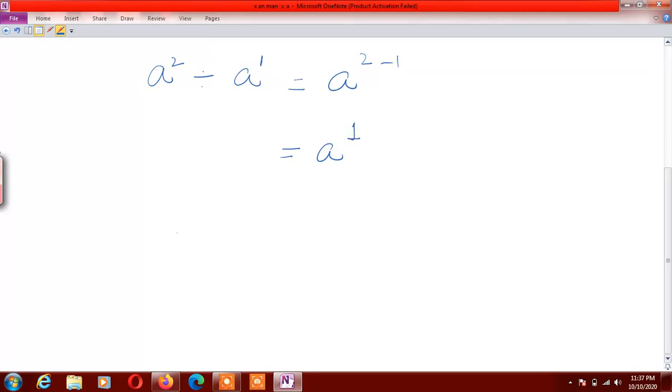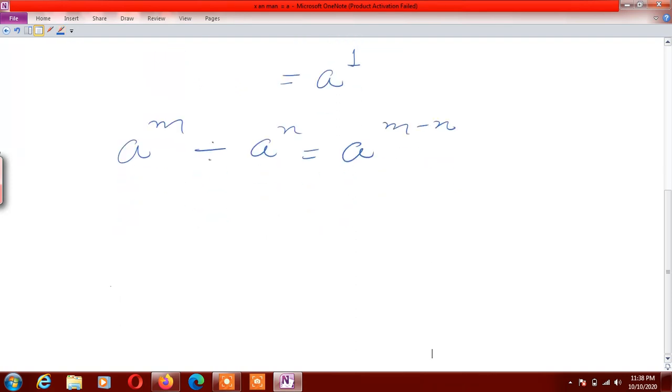Or in general, we can say that a power m divided by a power n is equal to a power m minus n. When the bases are the same in division, the powers will be subtracted.